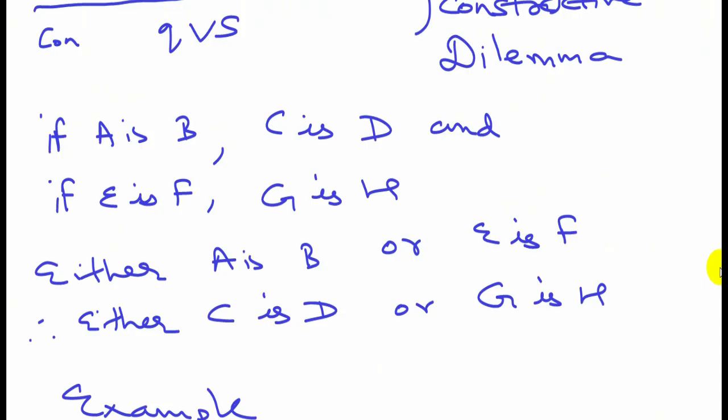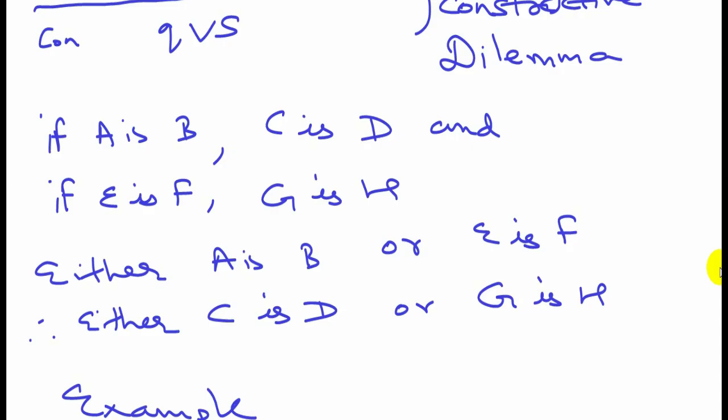So we had earlier seen what is a constructive hypothetical argument and destructive hypothetical argument. Constructive hypothetical argument was also known as modus ponens, and destructive hypothetical argument was also known as modus tollens, right? Modus ponens and modus tollens.